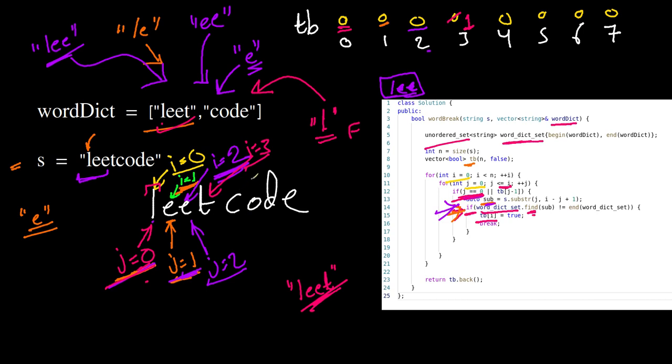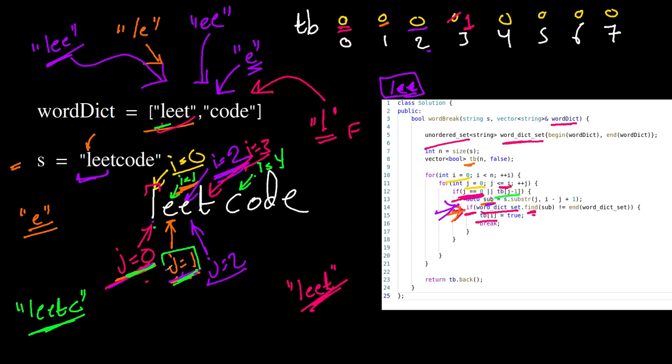Next, i equal 4. We start with j equals 0. From 0 to 4, the substring is leetc. Is this in the dictionary? No. So for j equals 0, the answer is false. Then we move to j equal 1. Now, remember, we forgot to talk about this condition.